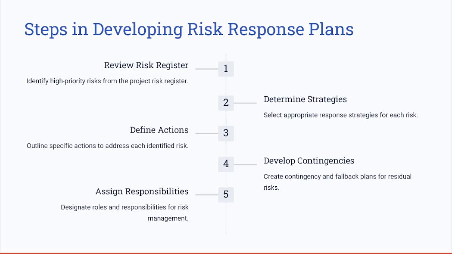And finally, you assign specific roles and responsibilities to ensure accountability and clarity in execution. Who is responsible to take the action or to perform the action when dealing with threats?